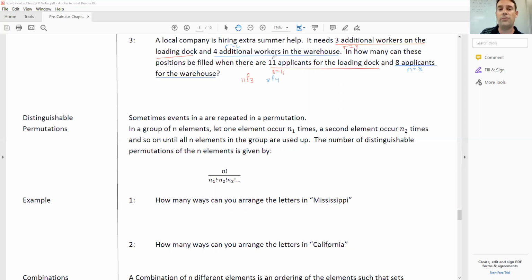These are 2 different events. And if I have 2 different events, then the multiplication counting principle says I need to multiply them all together. So I have a loading dock event going on here, 11 factorial over 11 minus 3 factorial, and I had a warehouse event going on here, so 8 factorial over 8 minus 4 factorial.